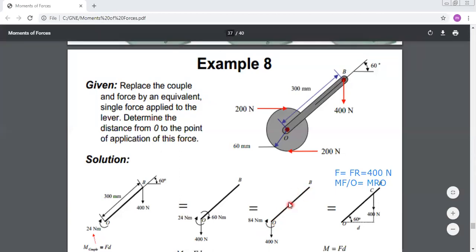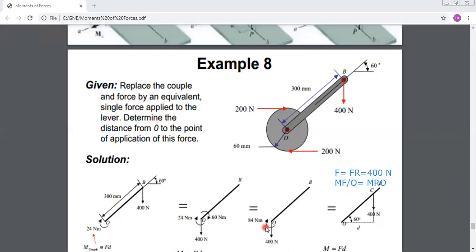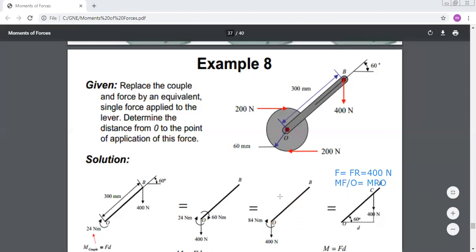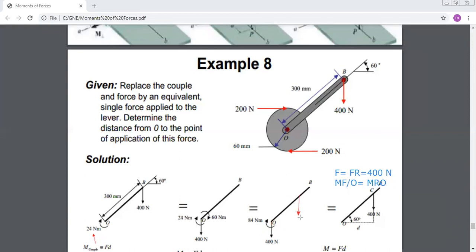How to know which point I should act on in order to produce the same effect about O? The condition is that when I displace this force and replace my system only by this force, it should produce this couple about O to have the same effect as my previous system.